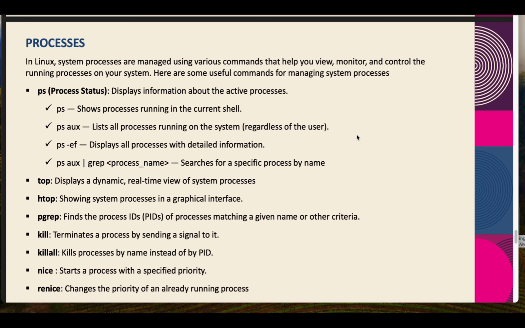In the third section, we talked about file permissions: three different kinds of permission, read, write, and execute, and three different kinds of user classes, user, group, and owner, and how to change the permission from one to another. There are two ways to change permissions: the numeric way and the symbolic way. The fourth section talked about pipes and filters.